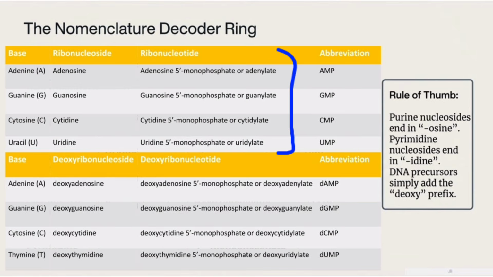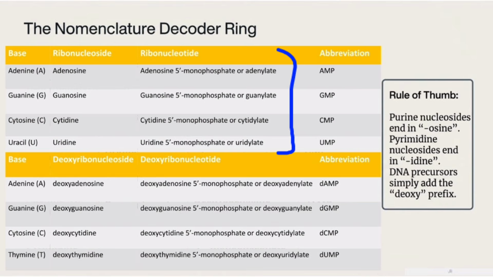But when there are 2 phosphate groups, we call it diphosphate. 3 phosphate groups, triphosphate. So that would be ATP, for example, as an abbreviation for this. The abbreviation for monophosphate is AMP. When there are 2 phosphate groups, the abbreviation will be ADP, adenosine diphosphate, and so on.